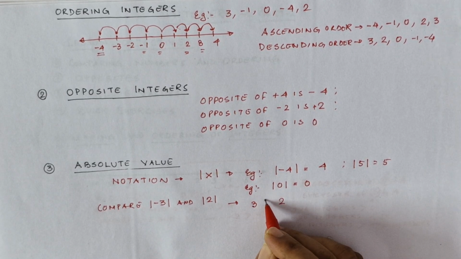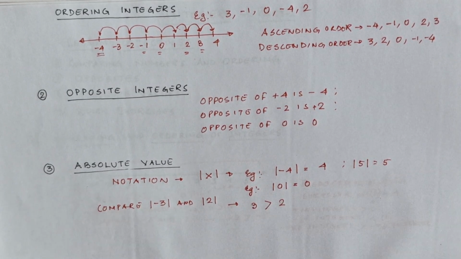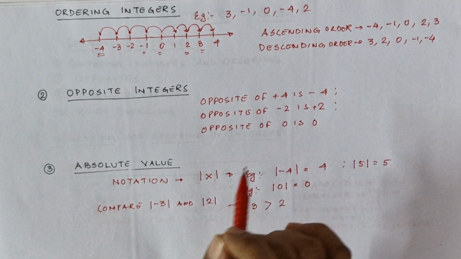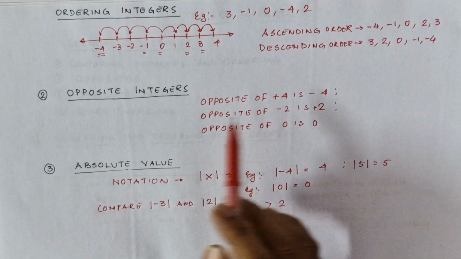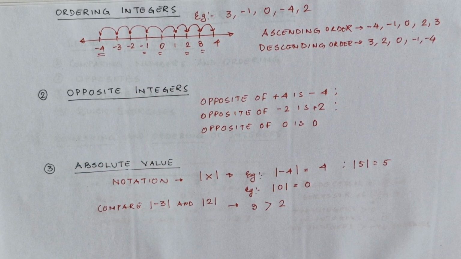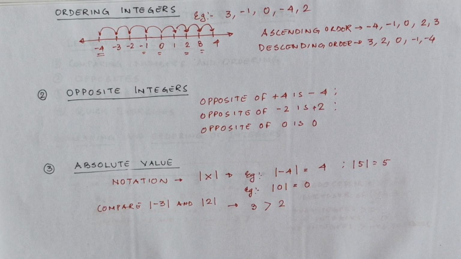So which one is greater? 3 is greater than 2, right? So you'll be able to solve few problems based on this concept. You'll also be able to solve problems based on opposite integers and comparing and ordering integers, right? So we have gone through these basic few points.